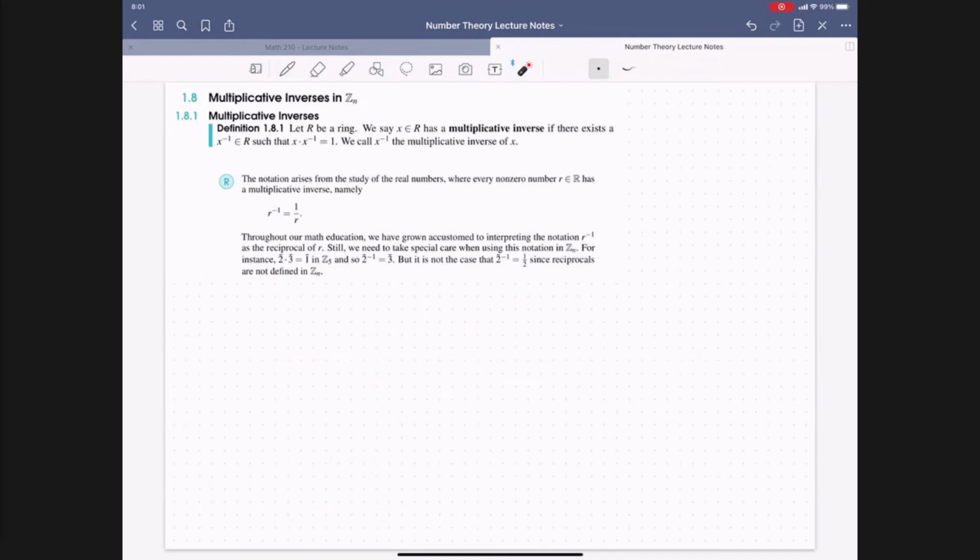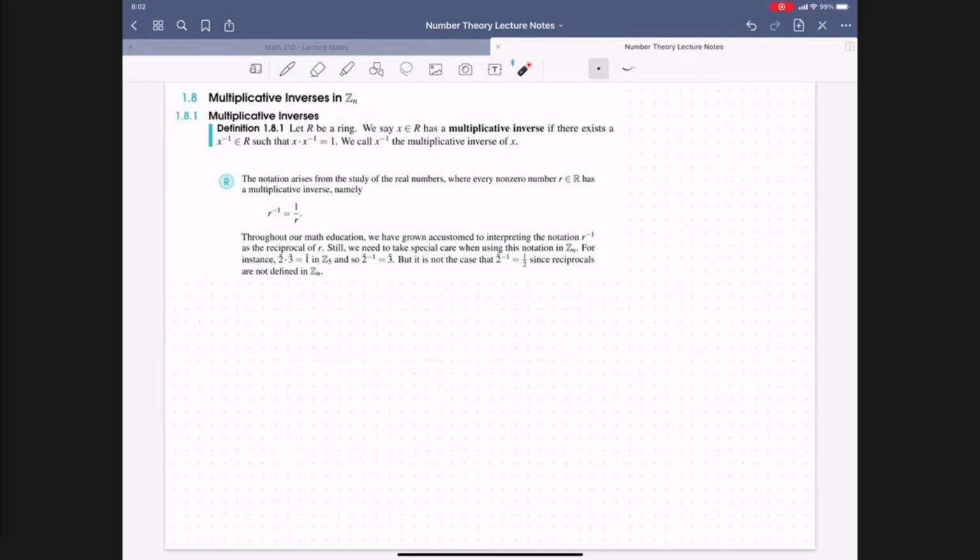So whenever we have a ring, so just think integers modulo n, we say an element of that ring has a multiplicative inverse if we can find an element, which we're going to be writing as x inverse in R, such that x times x inverse is equal to 1. And we're going to call that x inverse the multiplicative inverse of x.